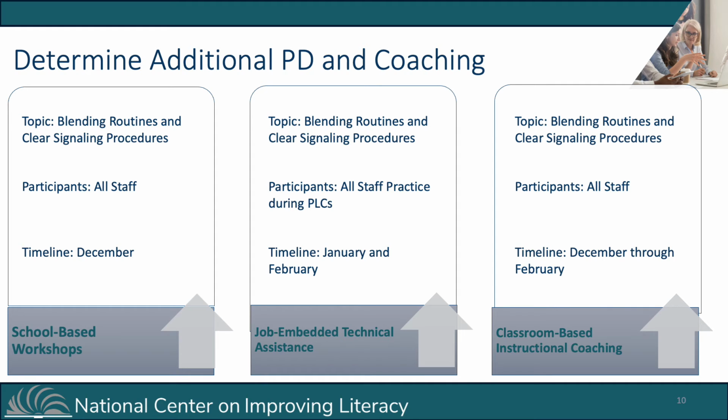And this would occur during PLCs. So during January and February, all staff members during their professional learning communities or the grade level teams would work on practicing the blending strategies and the signaling procedures that were taught and reviewed during that school-based workshop.